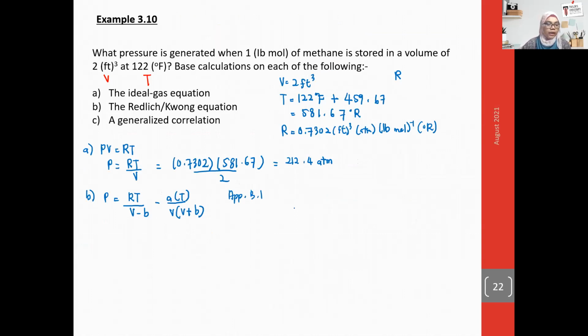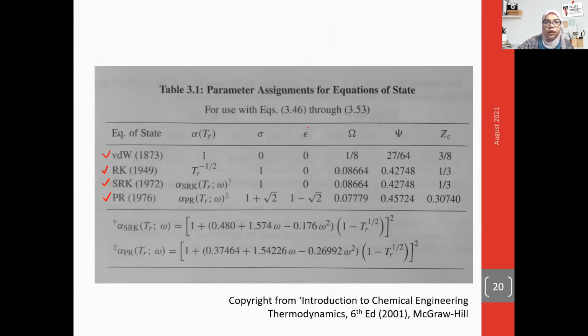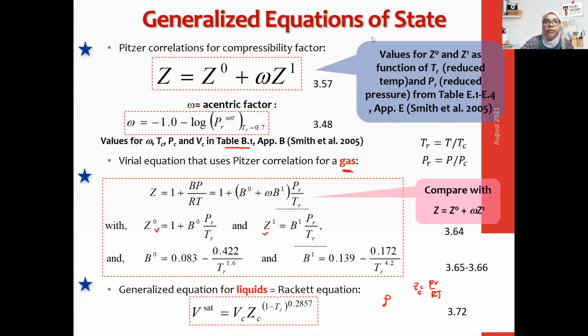In appendix B1, for methane, TC is 343.1, and for A here, the constant is 0.427. I just use the equation. You may check it later, okay? You can try on your own later.